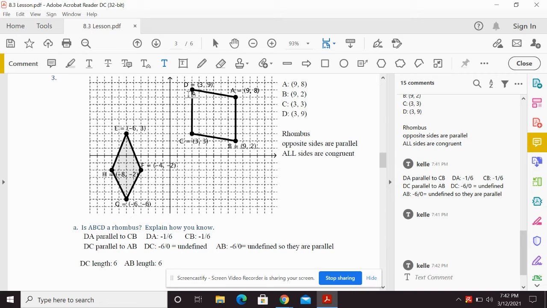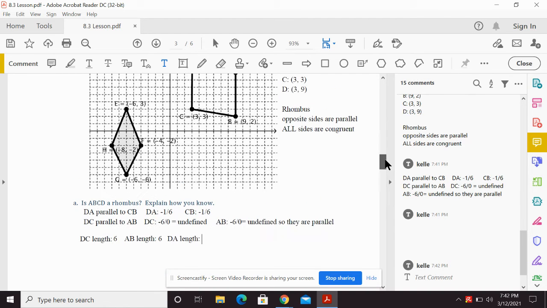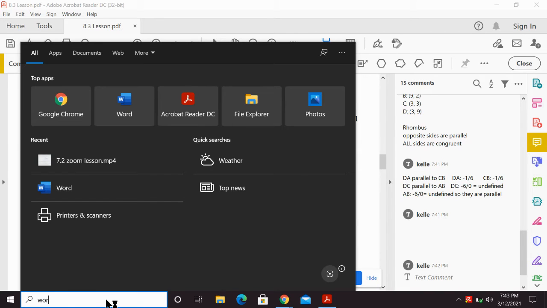So now we need to find the length of DA. Okay, now we have a slanted line. So you either have to use your Pythagorean theorem or your distance formula. I'm going to use my distance formula. My computer wants to start dying on me.